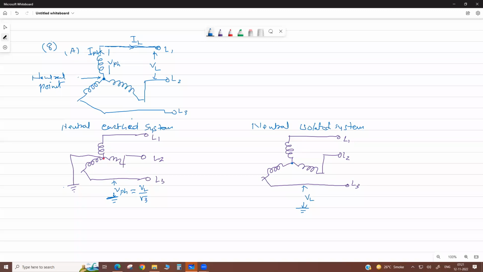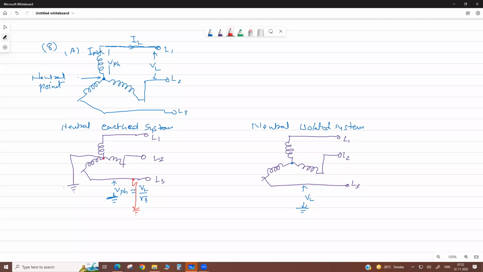Now suppose an earth fault occurs, a single line to earth fault in the earth system. Any line can come in contact with the ground.